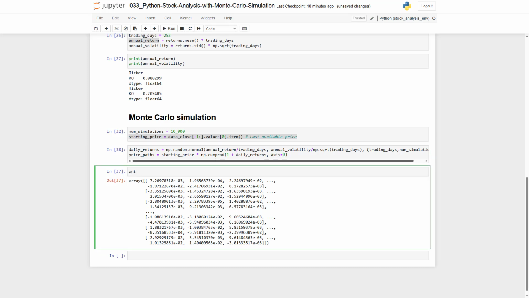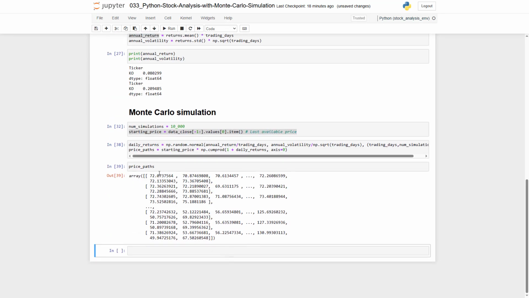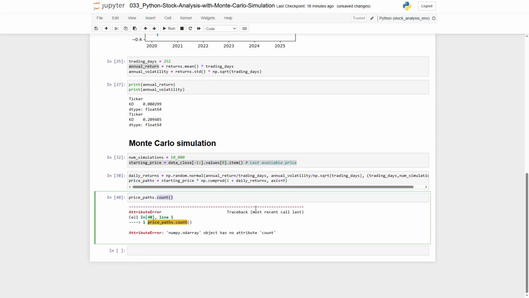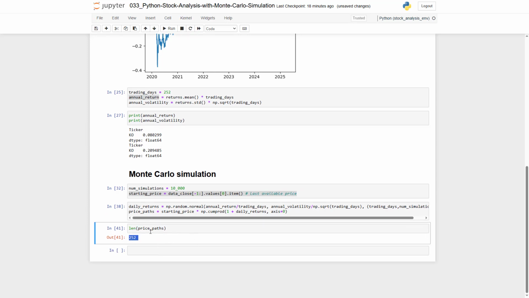Okay, let's see what we get in price paths. We have a lot of stuff. Count. Okay, I'm just using the shape, 252. Of course, we got them for each day. That's good. And our days are here, trading days.